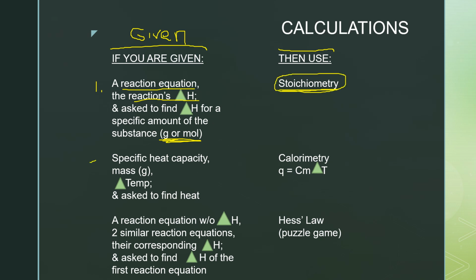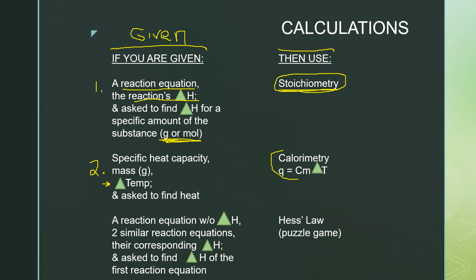Now, number two, if you are given the specific heat of a substance, its mass, and its change in temperature, remember I told you that you can put that triangle in front of anything, and it just means a change in the amount of that thing. So right here we've got the triangle in front of temperature, so this would be the change in the amount of temperature. So given specific heat capacity, the mass, and the change in temperature, and you're asked to find the heat, then you're going to use calorimetry.